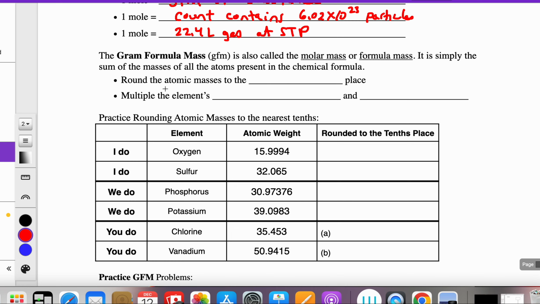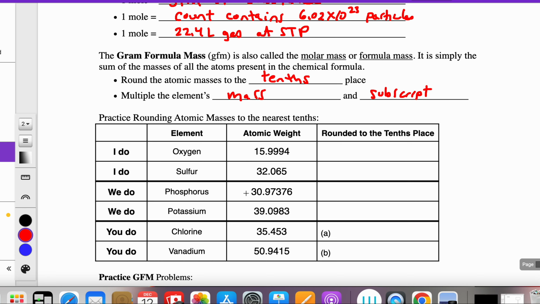So what we use are the atomic masses listed on the periodic table, and we need to round those to the nearest tenths place. And simply, we multiply that atomic mass that's been rounded to the tenths place and the element's subscript.